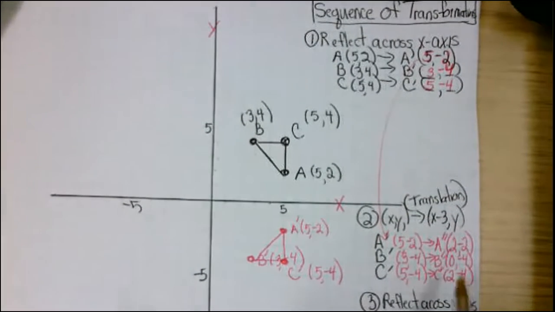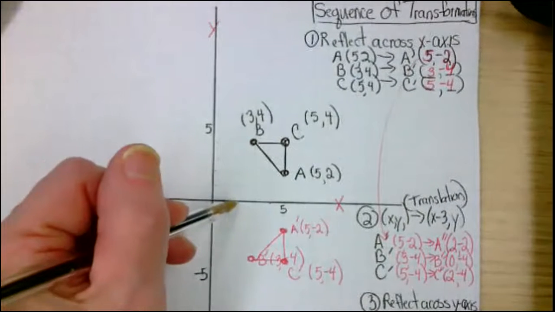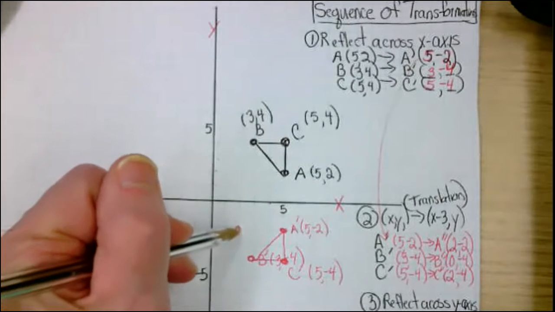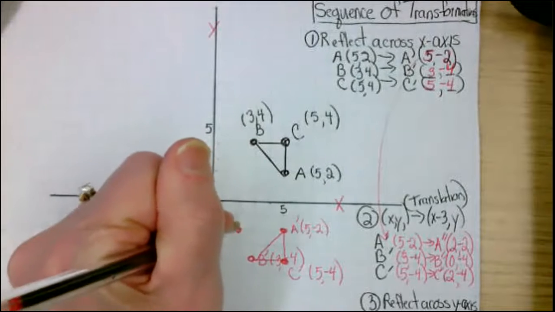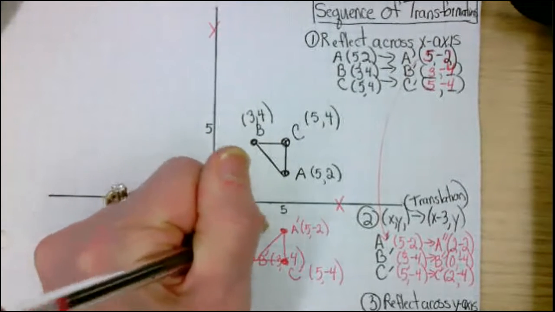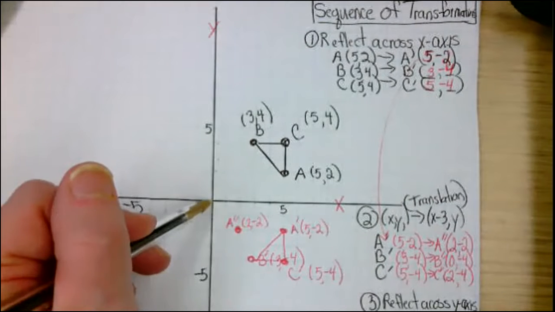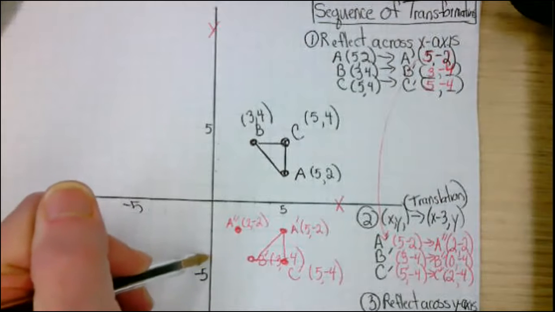So now let's graph those. Now we're at 2, negative 2. 1, 2, 1, 2. 2, negative 2. That's our A double prime. Our B double prime is 0, negative 4. 0, 1, 2, 3, 4, negative 4.